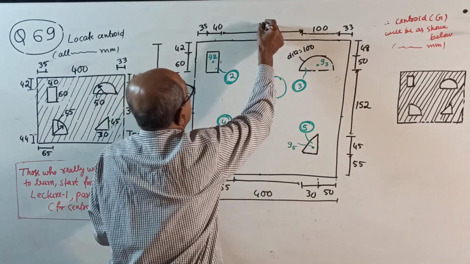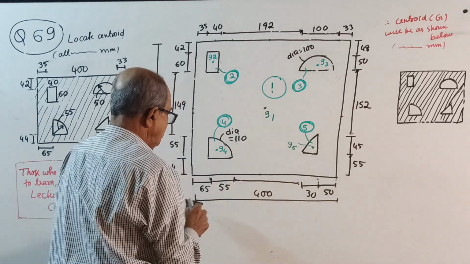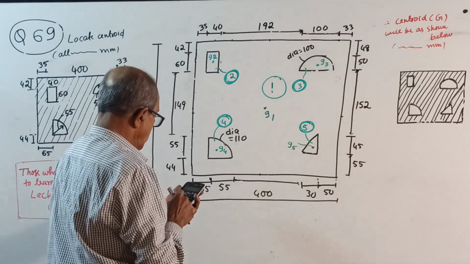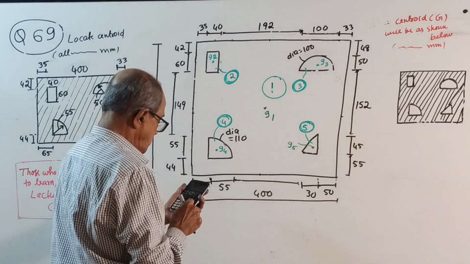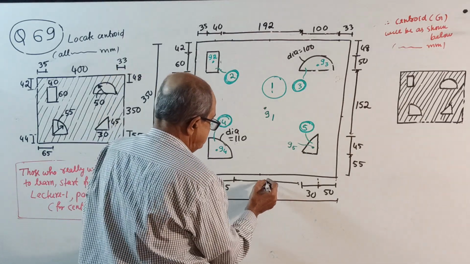That is 192. And this gap is from 400 minus 65 minus 55 minus 30 minus 50, which is 200.